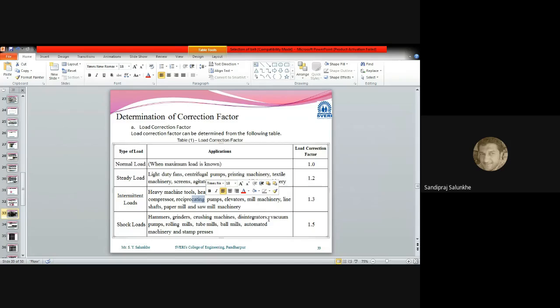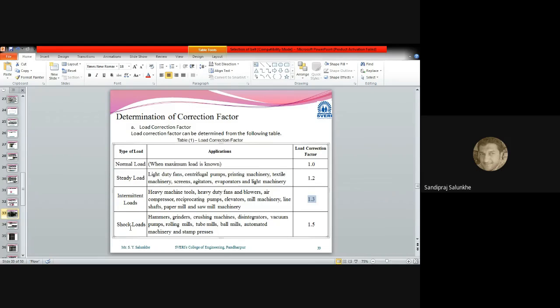Line shafts means the shafts on which a number of machineries are used. Then paper mill and sawmill. Sawmill is also one of the applications where belt drive is used. You might have come across a small sawmill. So these are considered as the intermediate loads, and for that, we are going to use this load correction factor as 1.3.